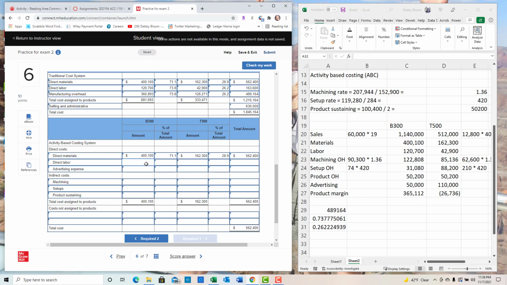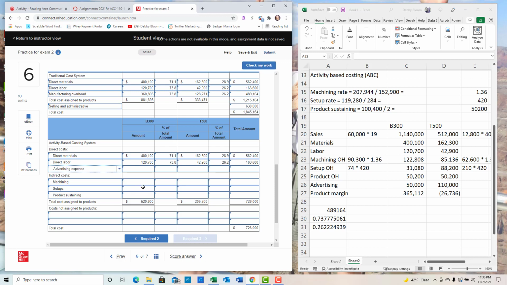Now for direct labor, the numbers are still 120,700 with a percentage of 73.8 and 42,900, just copying from above, with a percentage of 26.2, with a total direct labor of 163,600.